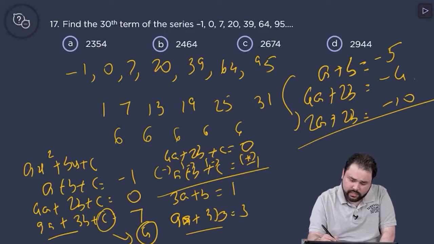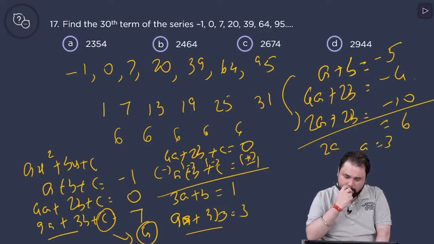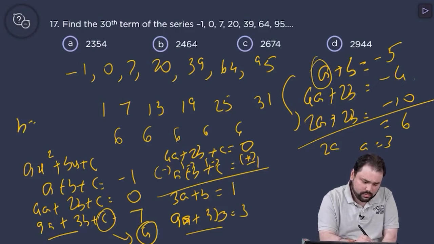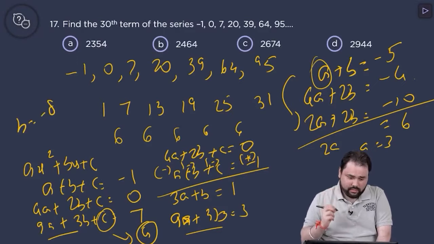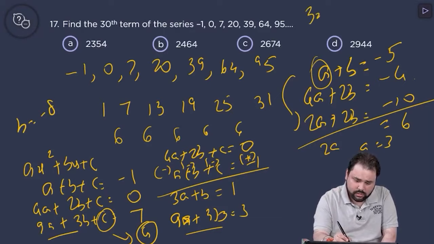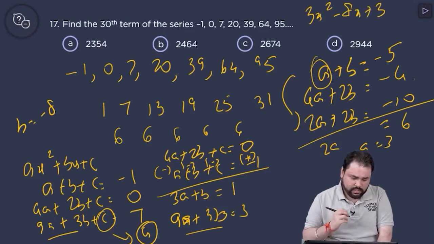And if I subtract, this is 6, this is gone, 2a. So a is equal to 3. If a is 3, b is minus 8. So 3x squared minus 8x plus 4.